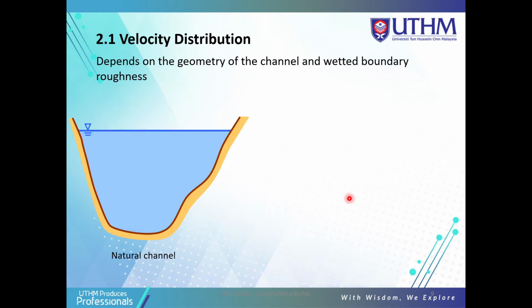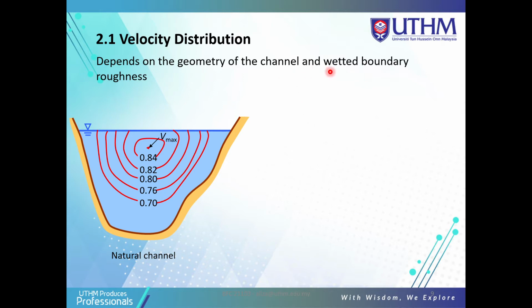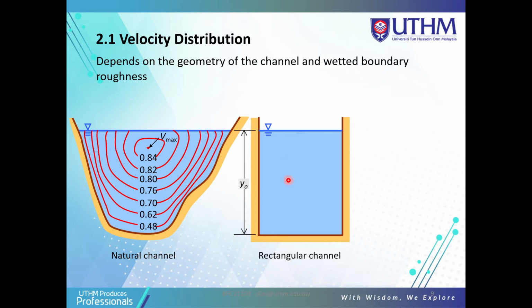Velocity distribution depends on the geometry of the channel and wetted boundary roughness. Actually this is a natural channel. Here we have a rectangular channel and this is the natural channel.